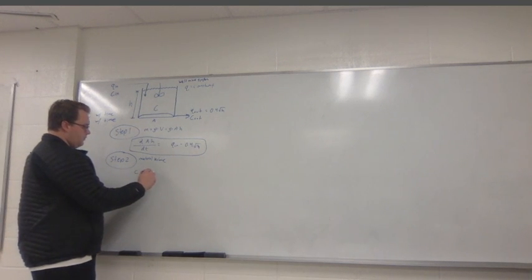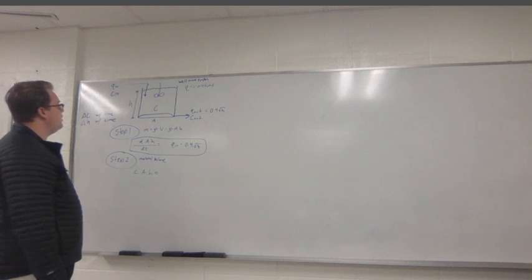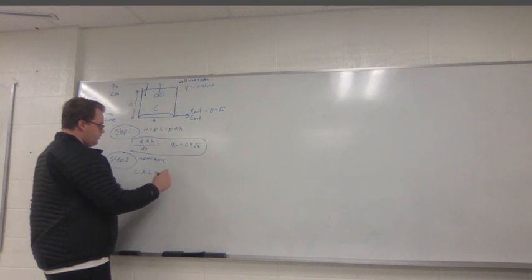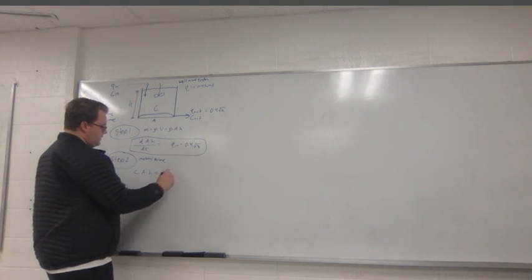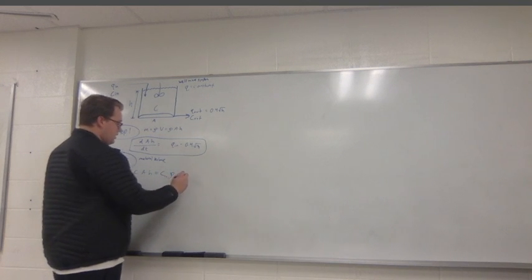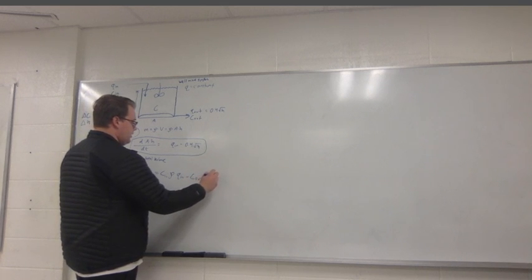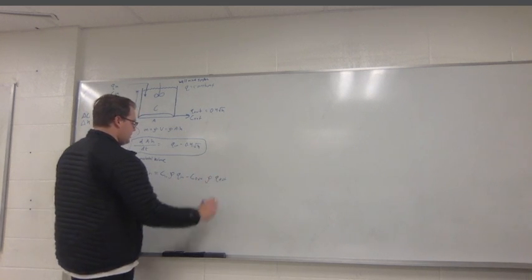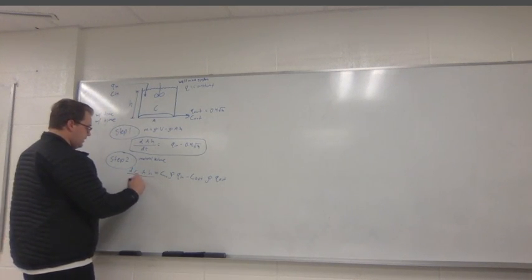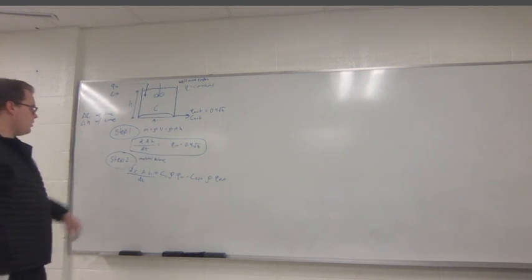It's going to be equal to concentration times density times flow rate in, concentration in, minus concentration out times density times flow rate out of our system. And again, this is with respect to time, so d over dt. So this is our material balance.